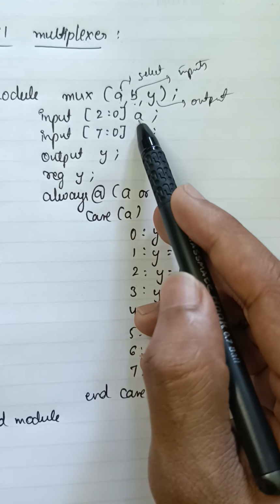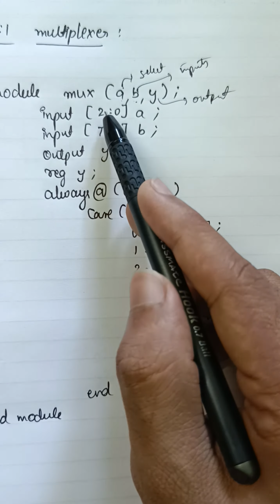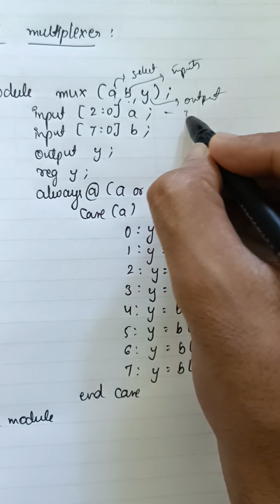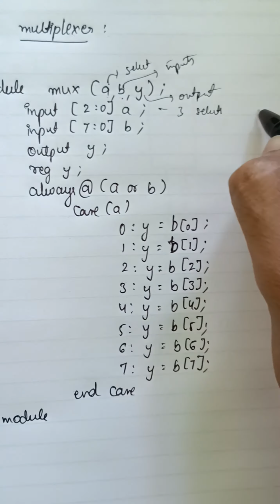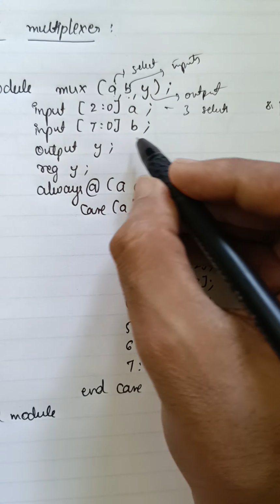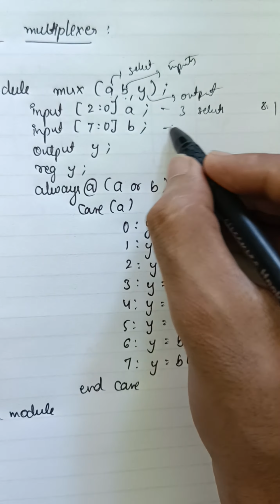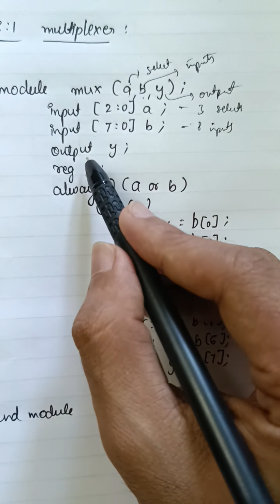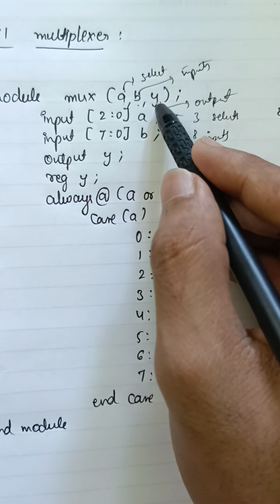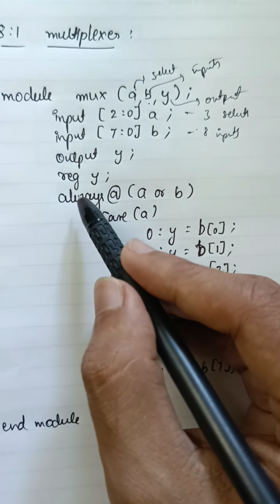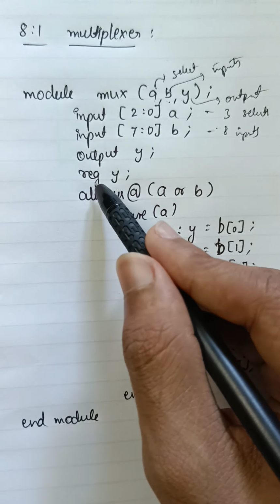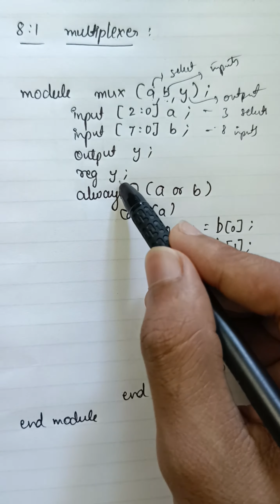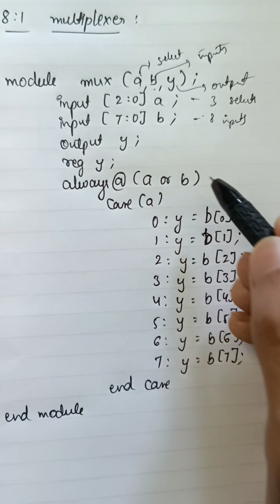A is 0 to 2, that is 3 selects in an 8:1 multiplexer, and B is 0 to 7, that is 8 inputs. Here the output is Y, and because it is behavioral level, we declare Y as a register. The always block is sensitive to A or B.